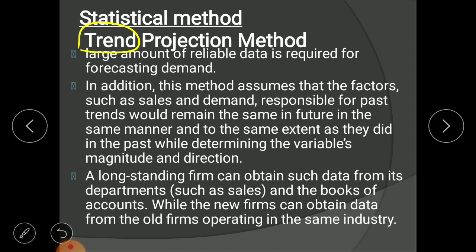So trend means whatever is going on in a market is known as a trend. And when we are predicting in advance what trend will come, then it is known as a projection. Projection simply means prediction. So when you are predicting in advance which trend will come in a market, it is known as the trend projection method.